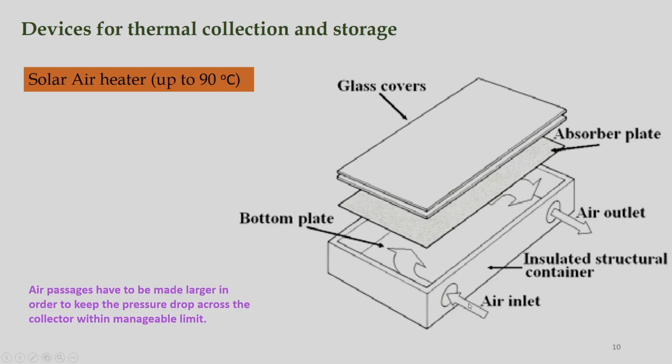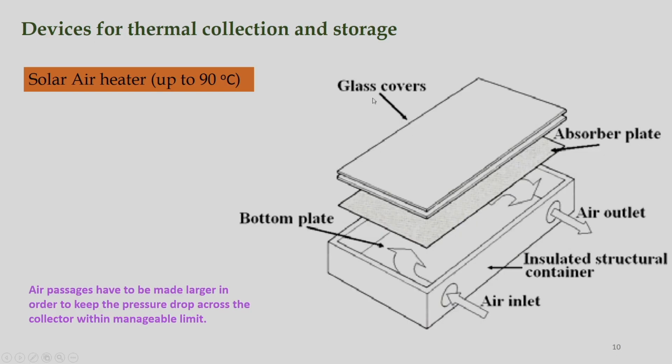Here the heat transfer fluid is air, and one very important fact is that we need to maintain a very large channel through which air flows, because this air passage has to be made larger, because the pressure drop has to be maintained properly. Otherwise, if pressure drop is not maintained, then it will be difficult to operate the system. Again, these are related to power consumption.